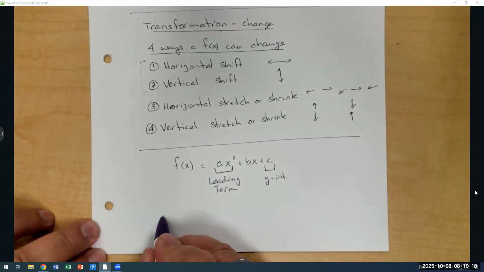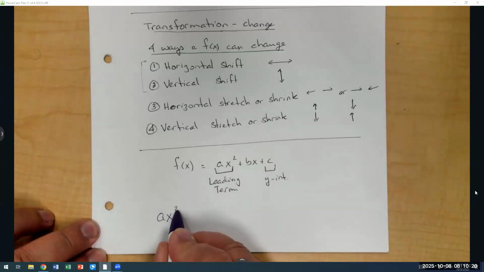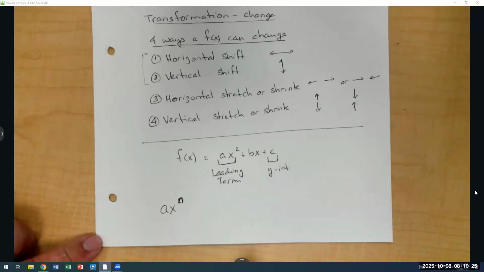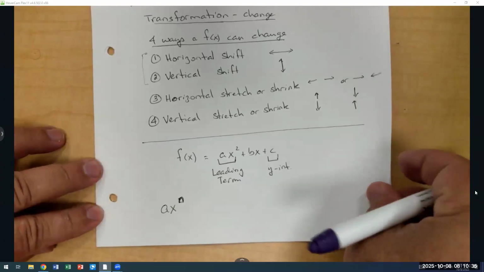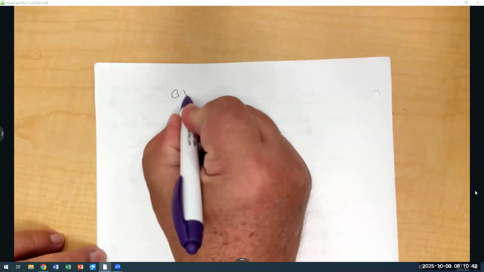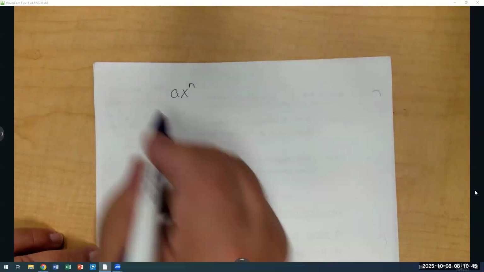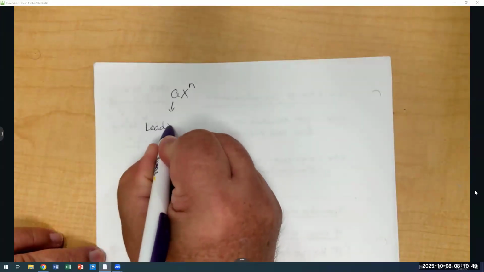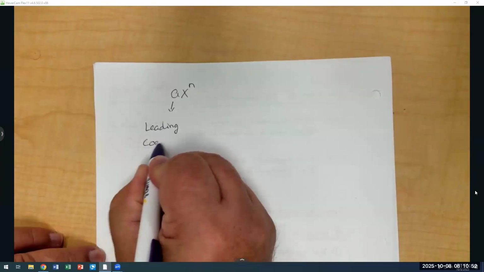So let's look at the leading term. In general, it'll look this way. A is called the leading coefficient.